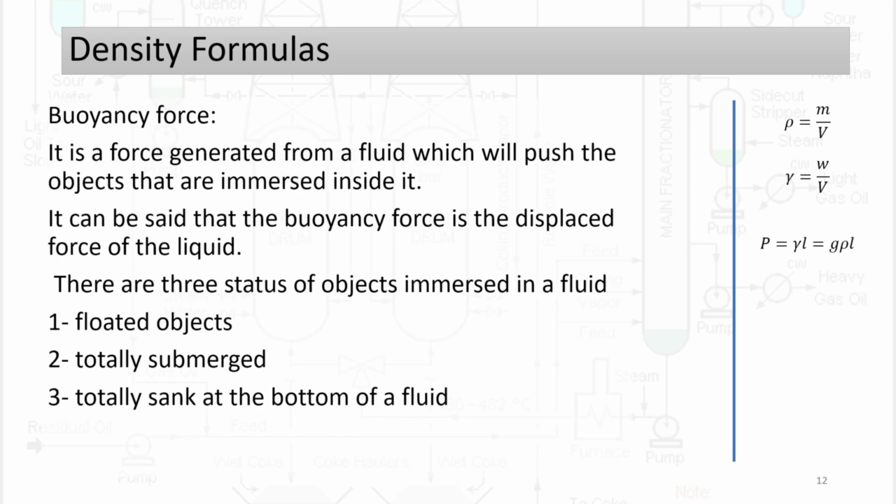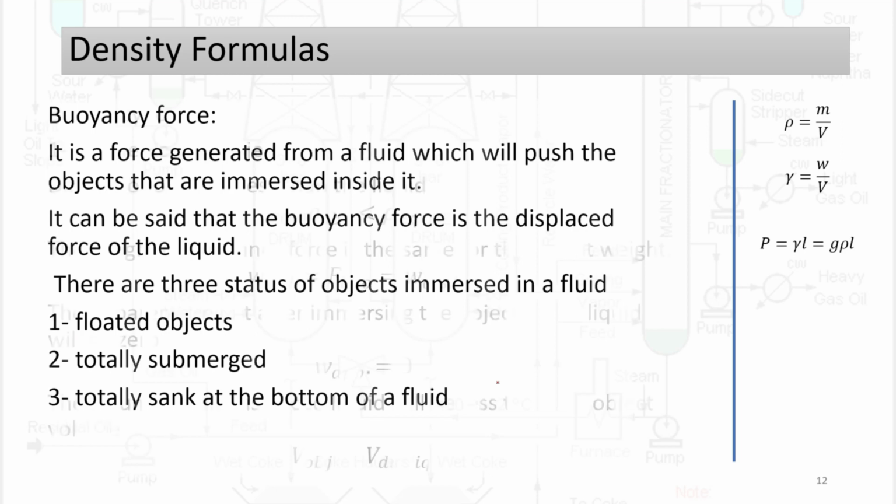These three states are either floating above the surface of the liquid, or totally submerged, I mean the volume of this object is totally covered, but it hangs inside the liquid with some space in the media below it. And the third case is totally sunk at the bottom of the fluid.